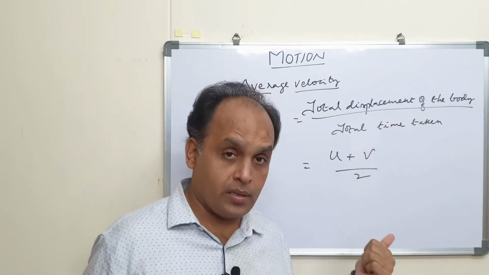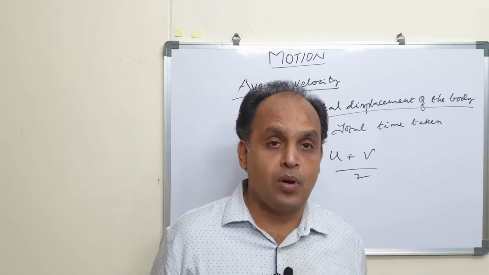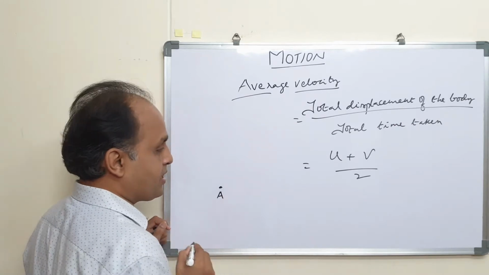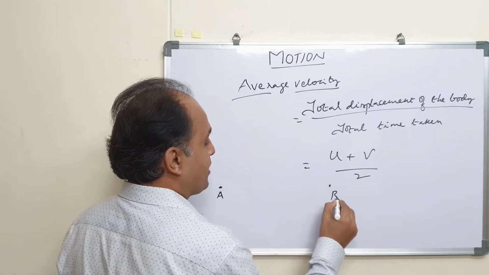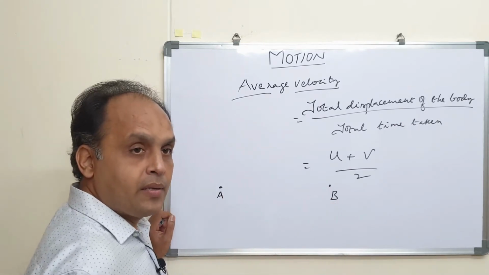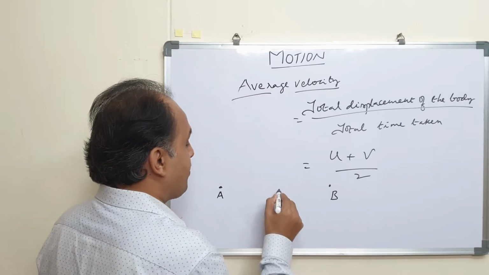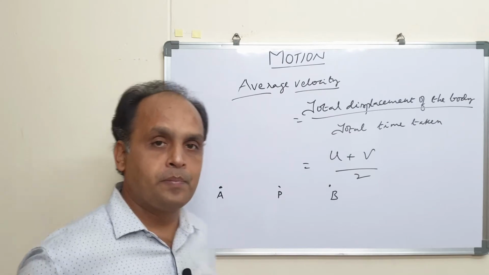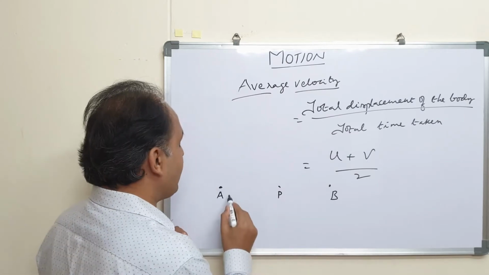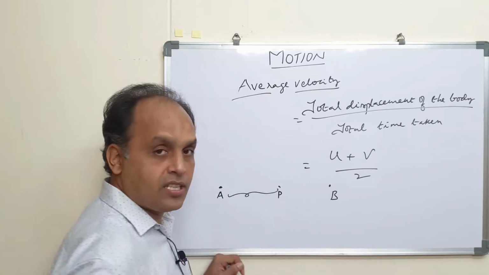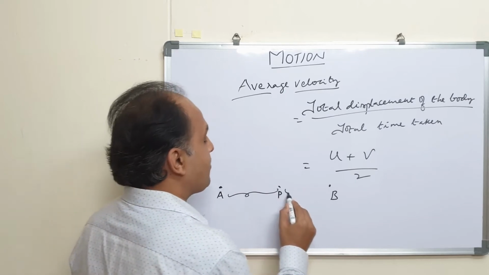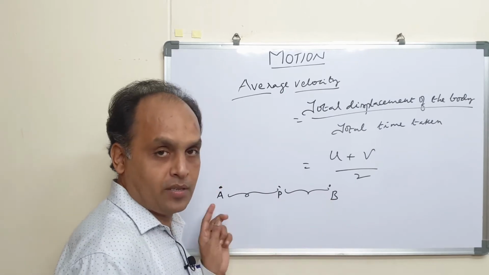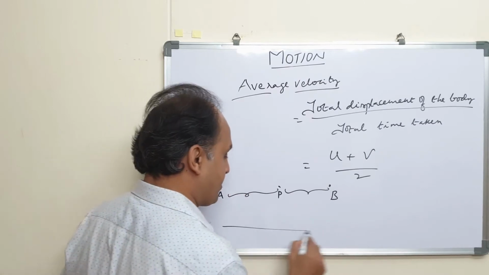And what about this one? Suppose you are traveling from a point A, or a body is traveling from point A to point B, okay? And there is an intermediate point, say some P. So you have taken half of the time to travel this distance and half of the time for this distance. The displacement I am talking about is in one direction, the same direction.